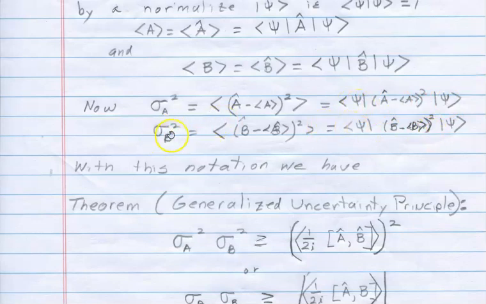Likewise, the standard deviation in B squared is by definition the expectation value of the deviation of B from its average value, squared. Again, these brackets are a shorthand notation for bracketing this operator between the state of the system, so that it evaluates down to a number.